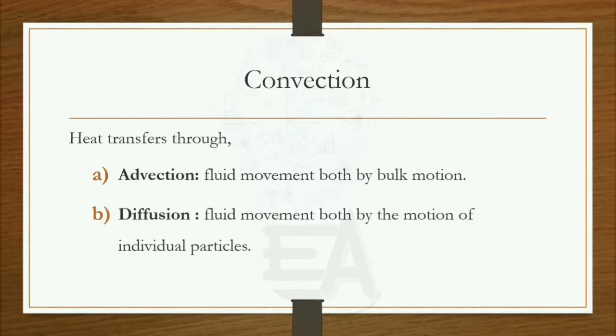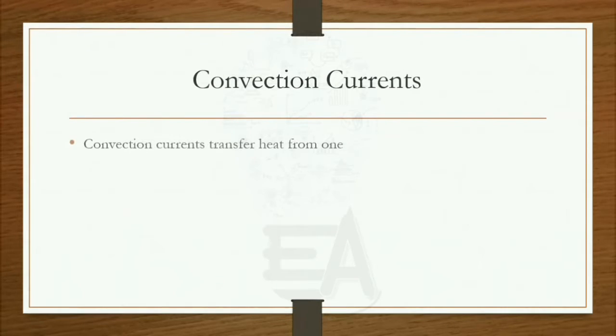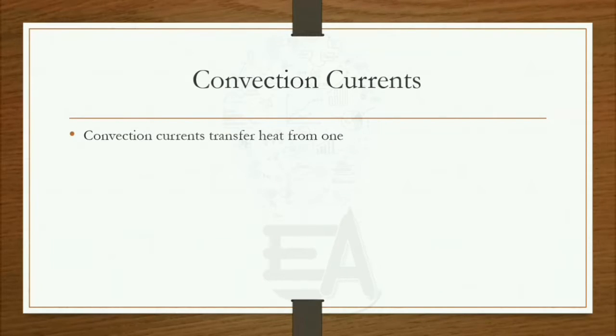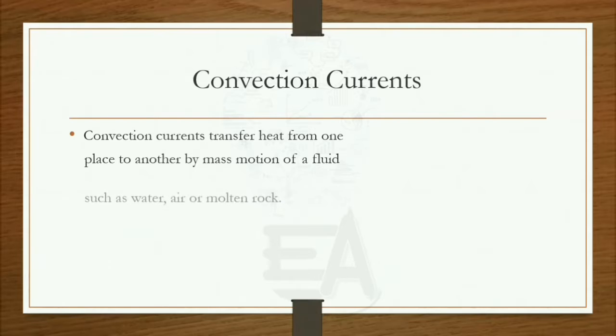Let us go ahead with the important topic in convection, which is known as convection currents. What are convection currents? Convection currents are the currents which transfer heat from one place to another by mass motion of a fluid such as water, air or molten rock. I think it is the advection.